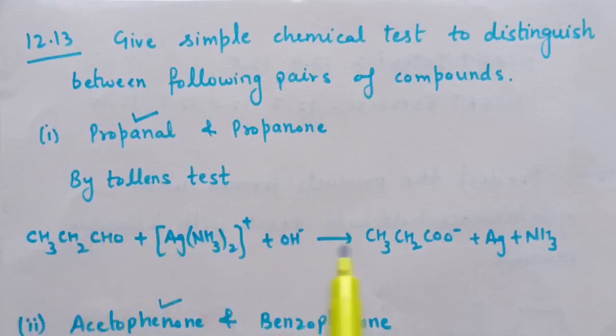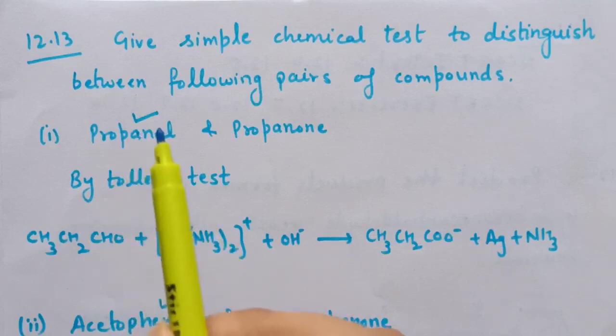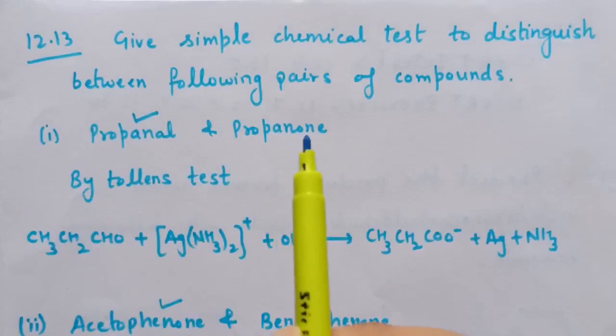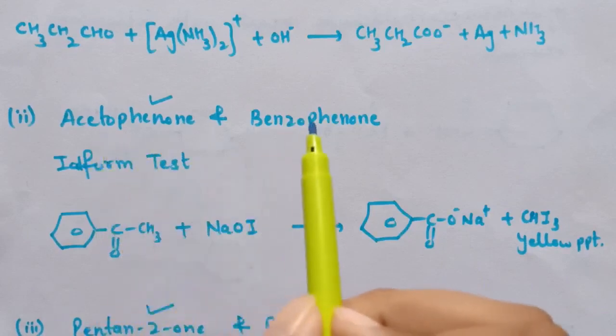The CHO converts to carboxylate ion, and silver is deposited in the reaction mixture and it shines like a mirror, and this test is also known as the silver mirror test. So propanal will give a positive Tollens test, whereas propanone will not.